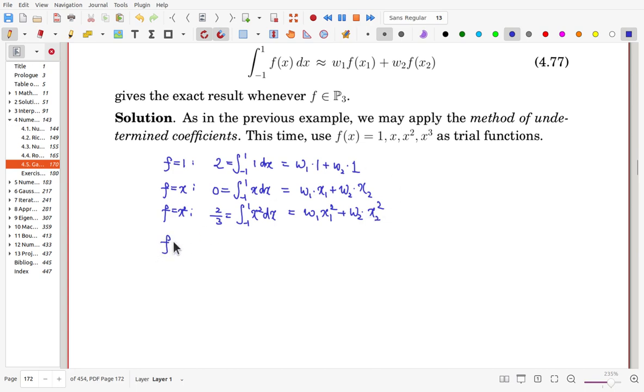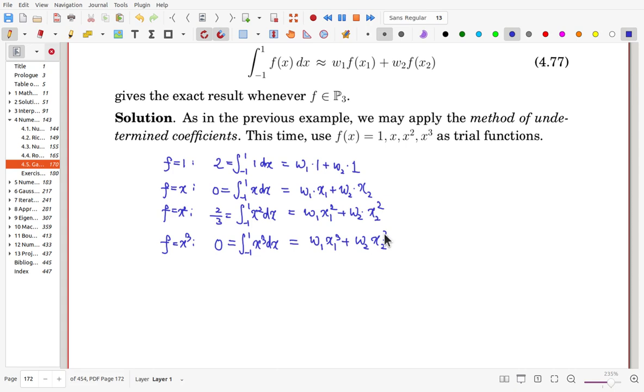Now f is x cubed. Again x cubed is an odd function, so the integral from minus 1 to 1 of x cubed, an odd function over a symmetric interval, must be 0. And the right side is w1 times x1 cubed plus w2 times x2 cubed. So we have 4 equations for 4 unknowns.